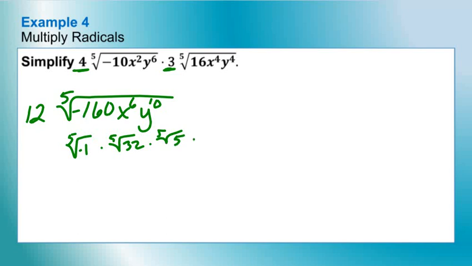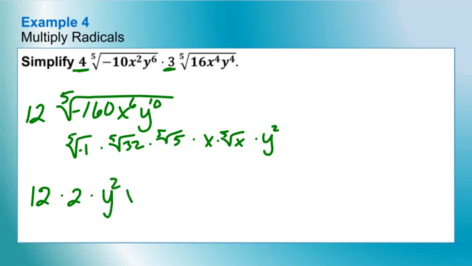And then I can do 6 divided by 5 is 1, so this would be x times the fifth root of x. And then y to the 10th, the fifth root of that would be y to the 2nd. So for my final answer, I have 12 times the fifth root of 32, which is 2.